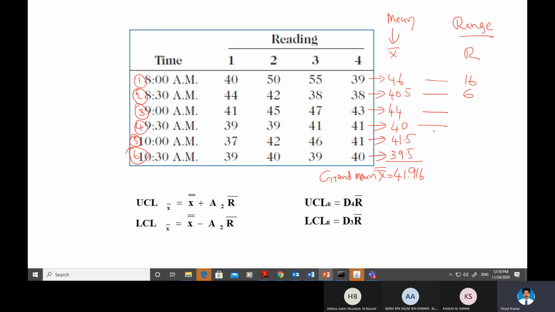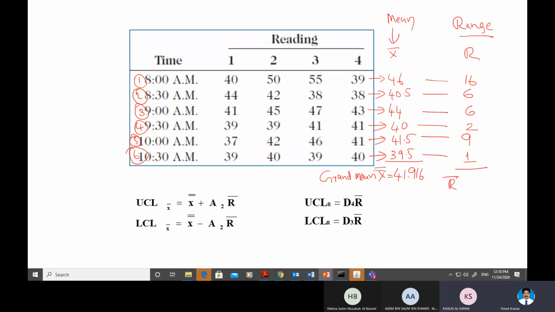Can you calculate third, fourth, fifth, and sixth? Third, 6. Two. Nine. 1.